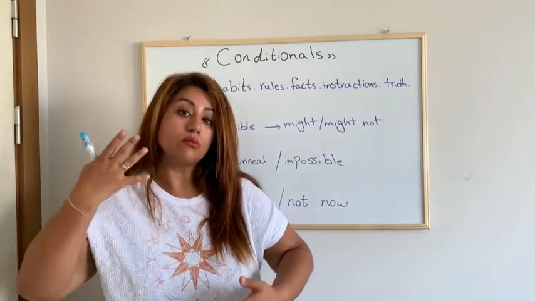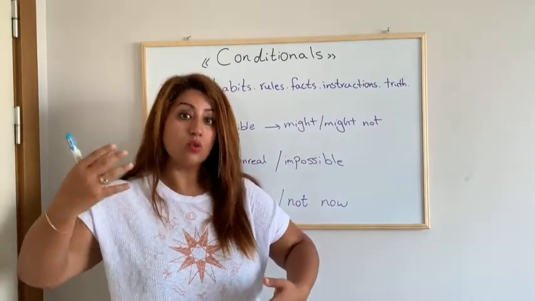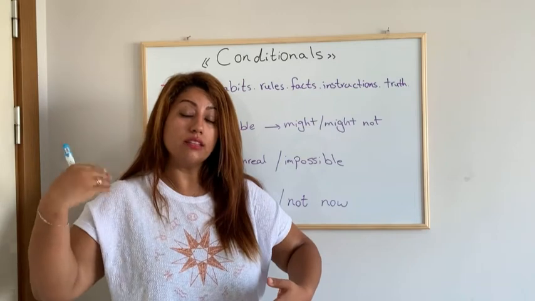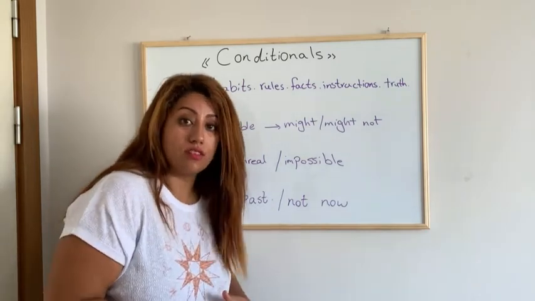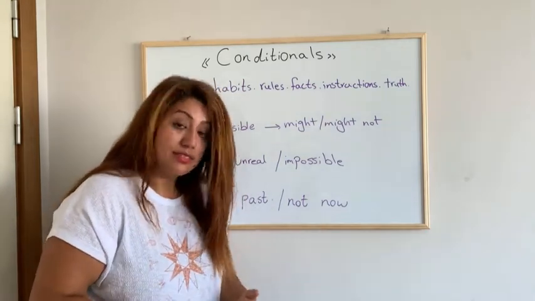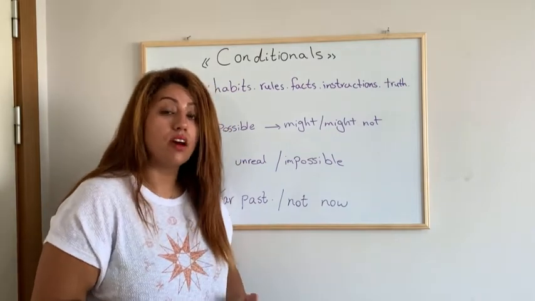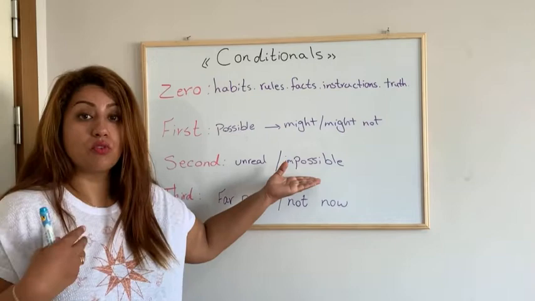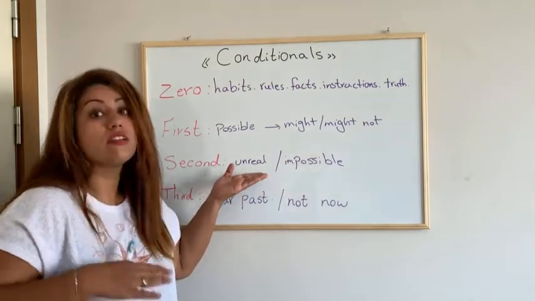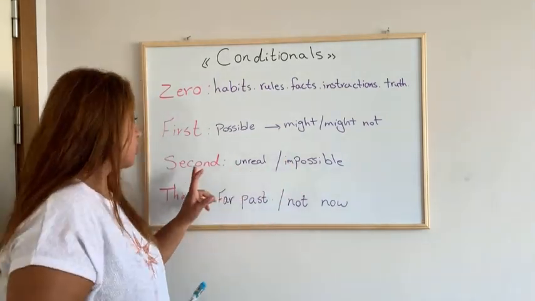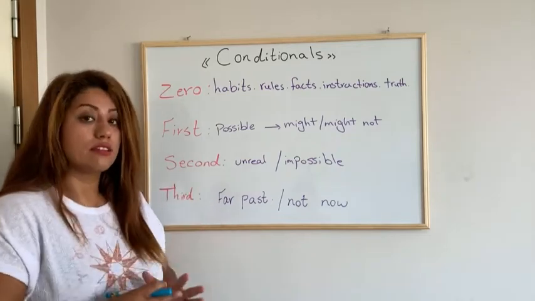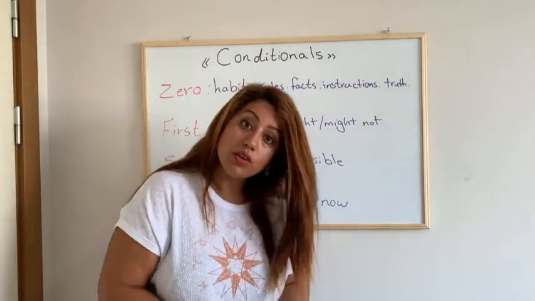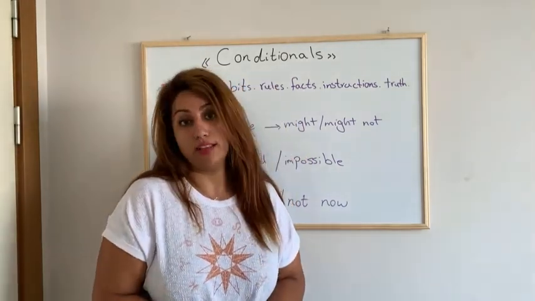It means that something in the past was needed, or we needed something to get this result. But at the moment, now, the present time, we don't have that result. This is impossible for us to have, or it's unreal for now. So this second one is with some past verb, but the result is for present.